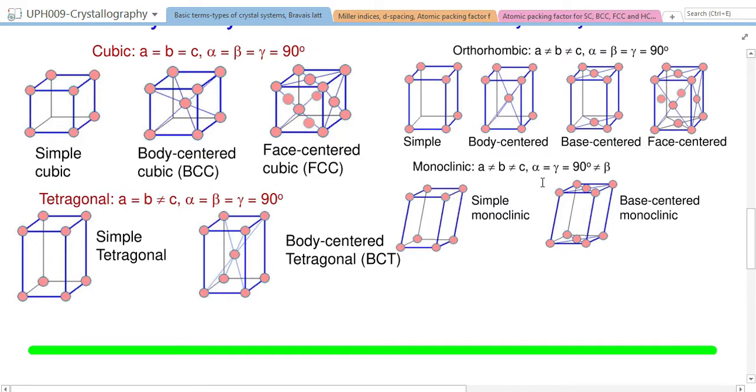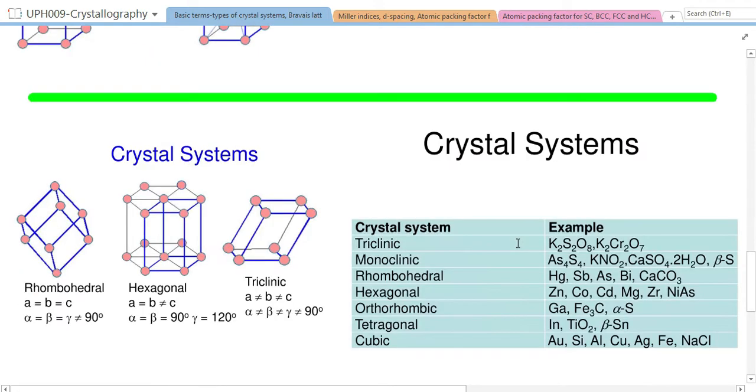In this case, A, B, C are not same. Alpha and gamma are same, and that is equal to 90, but beta is not 90. Okay, two of the angles are same and they are 90, but one of them is not, right? So in that case, it's called monoclinic.